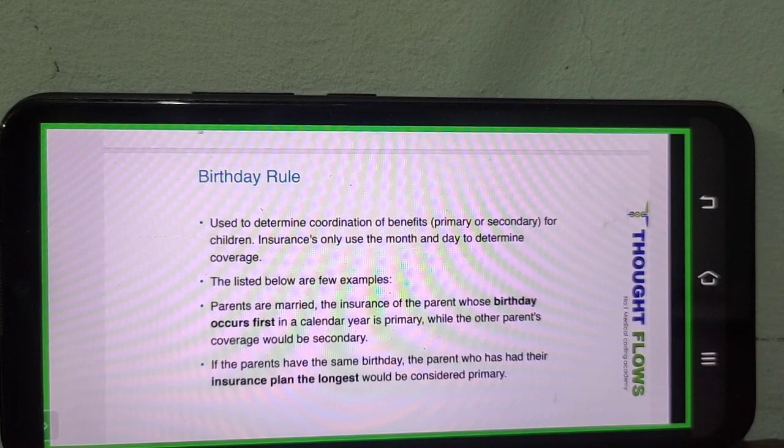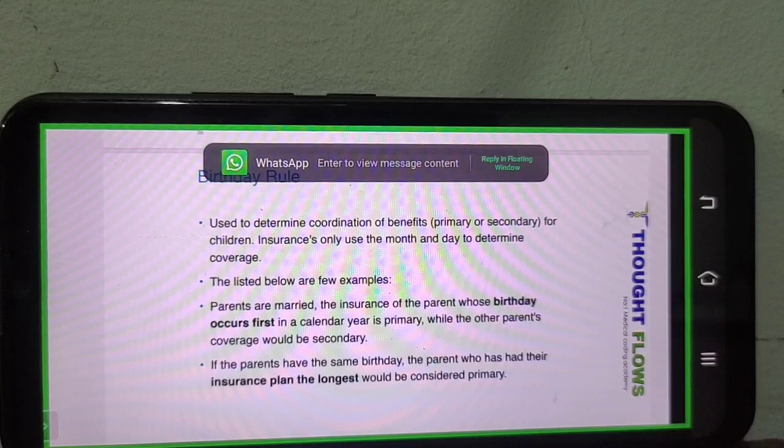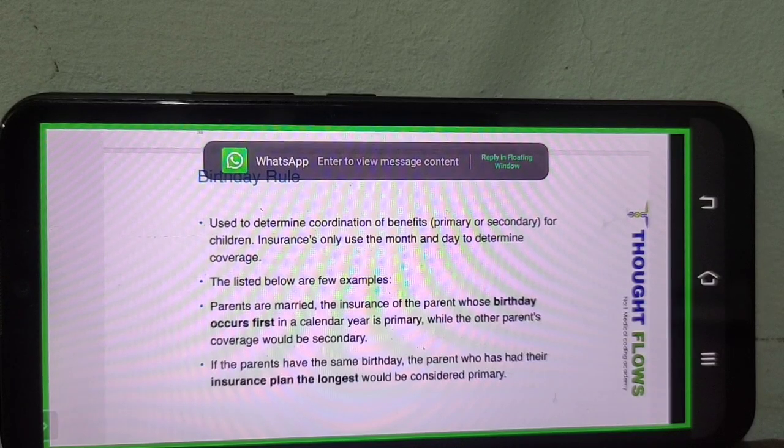Suppose both are born in the same month and year. Most of the students ask this. In that case, they use another method: whose policy is longer. For example, father had a plan for 5 years, but mother had a plan for 3 years.